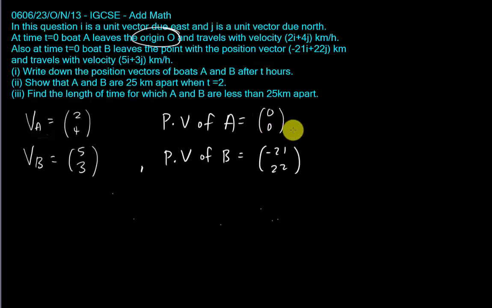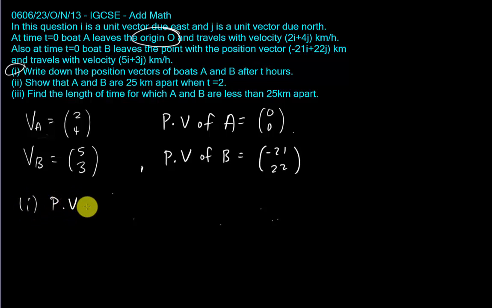Make sure you understand the position vectors. For the first part, the question asks you to write down the position vector of boat A and boat B after t hours. Because this starts from t equals 0, after t hours means the question asks you to write down some sort of formula.